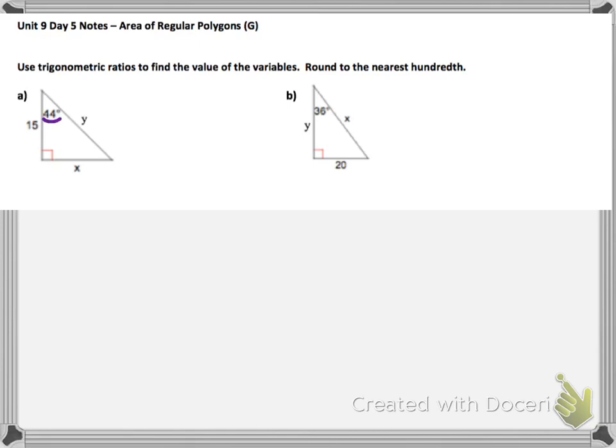So first of all, let's label up our sides. Remember, first we want to find our opposite side. So opposite of 44, or across from that angle that's 44, he is my opposite side. Across from the right angle is going to be my hypotenuse, so y is my hypotenuse. And the side that's left over, he's your adjacent.